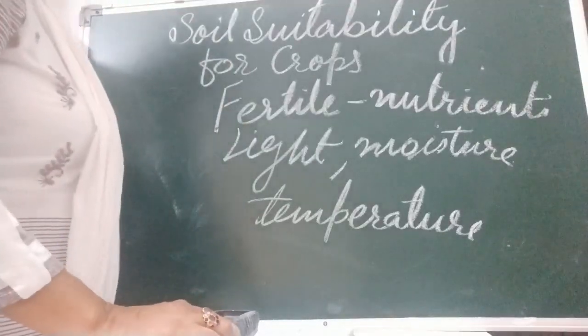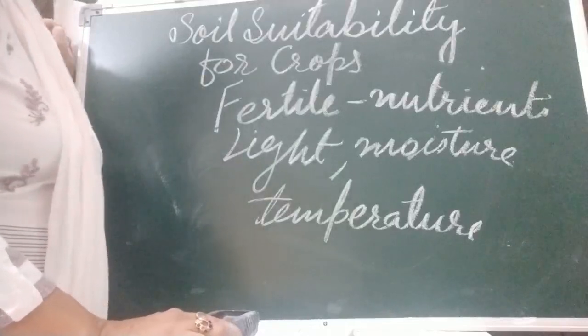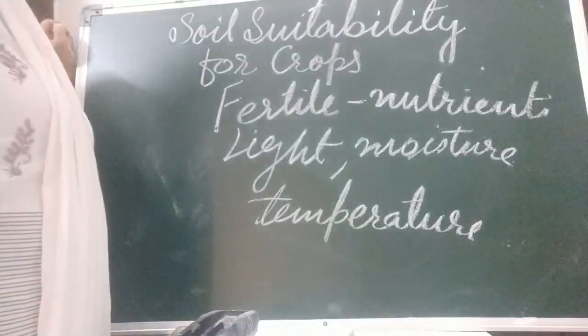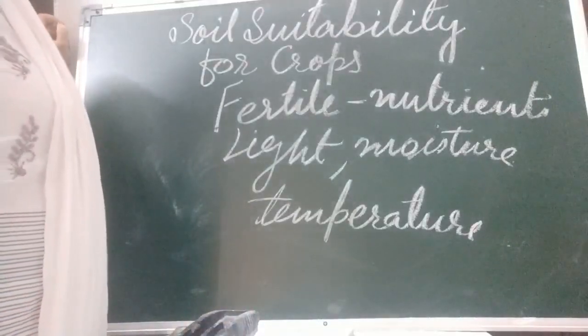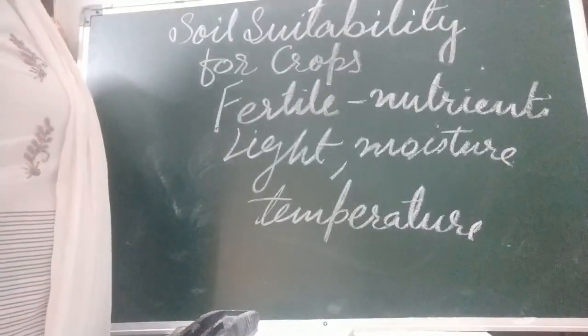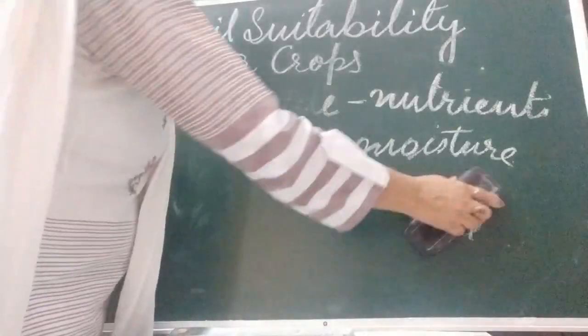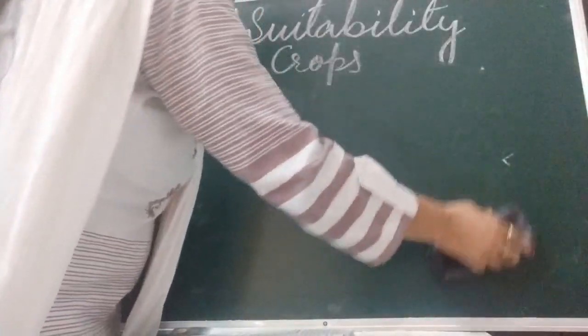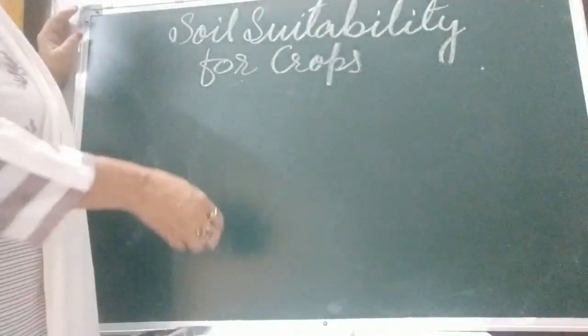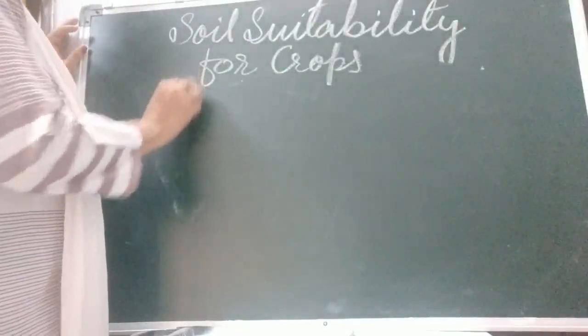To make the soil more fertile, some adjustments are made to its properties. The first is alteration of pH. What is pH? First you understand this pH.